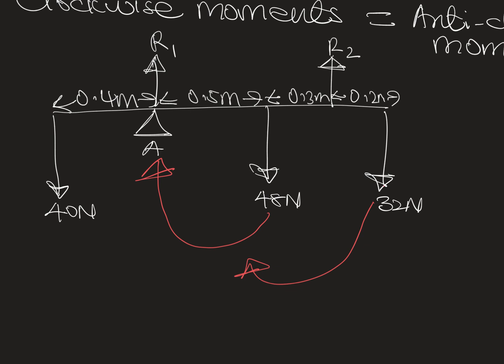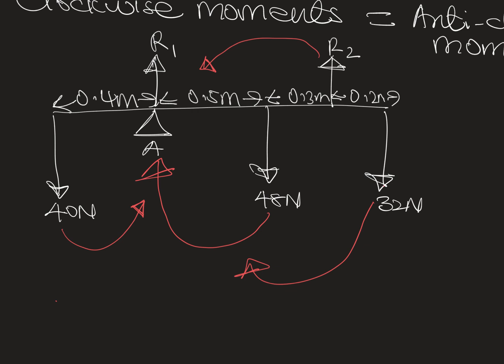So we have a 40 Newton force here. The only way for it to continue to act downward towards the pivot concerned is when we draw it this way. Okay, so I have R2. It is an upward force, so it will continue to act upwards. All right, so we're going to have it this way.